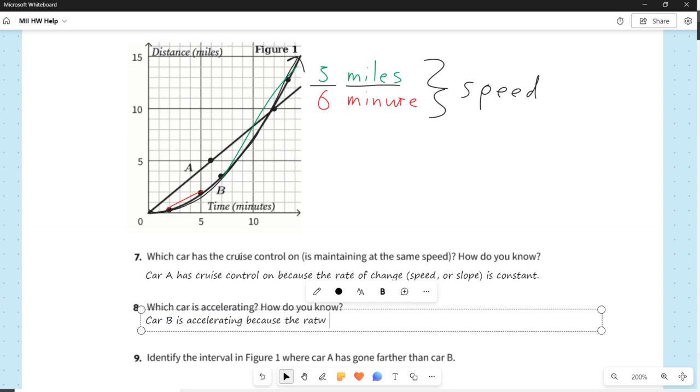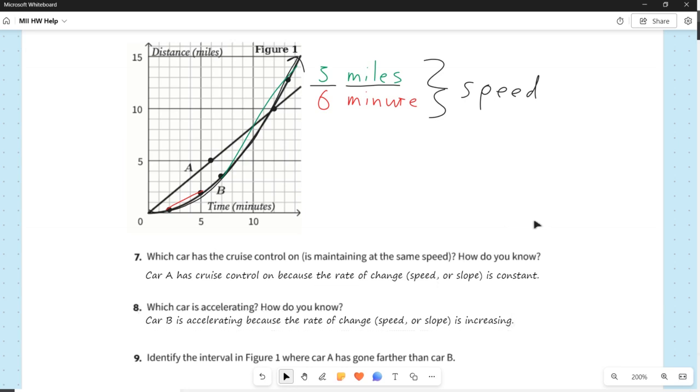Because the rate of change, again, in this case, the speed or the slope, is itself increasing. So in the beginning, the slope of the parabola is pretty small, but it increases over time, and it just continues to increase.